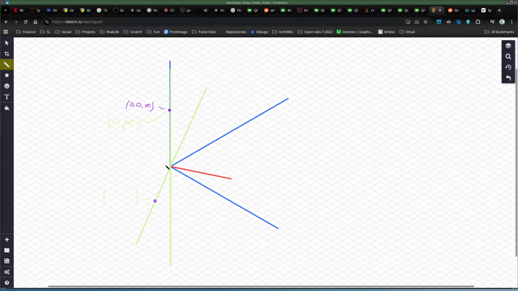So let's say this distance in the three-dimensional space, d.